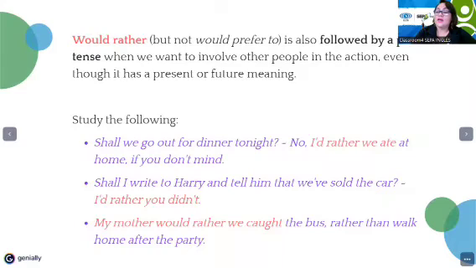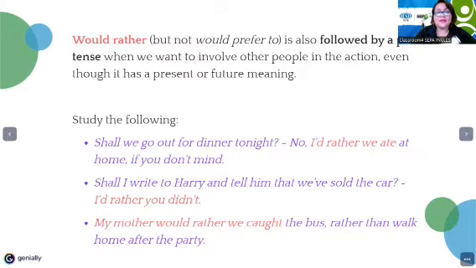I'd rather you didn't. My mother would rather we caught the bus rather than walk home after the party. Remember, we use this followed by the past tense when we want to involve other people in the action, even though it has a present or future meaning.